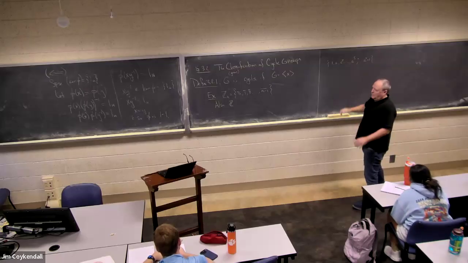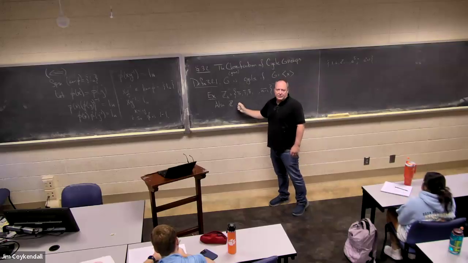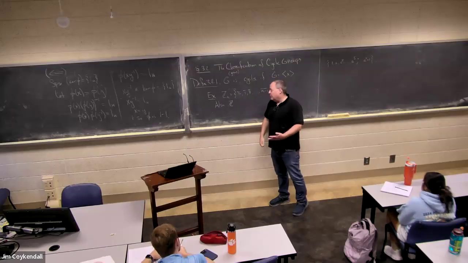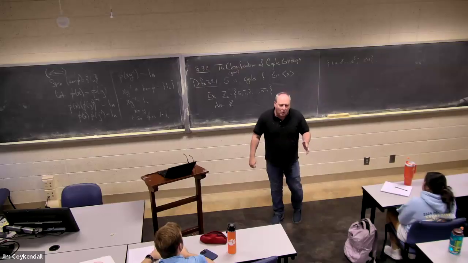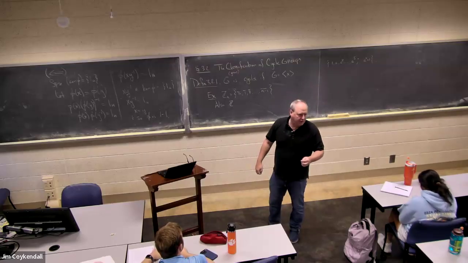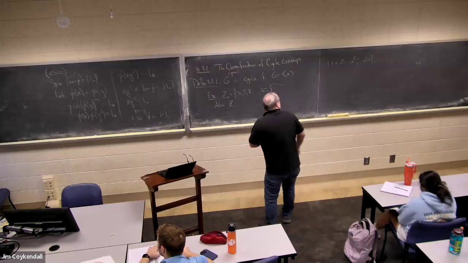Any group that is cyclic is either infinite, in which case it's isomorphic to Z, or it's finite, in which case it's isomorphic to Z_n. This is really cool because it also shows that the real numbers are never a cyclic group. Yeah, it's too big. It's uncountable.